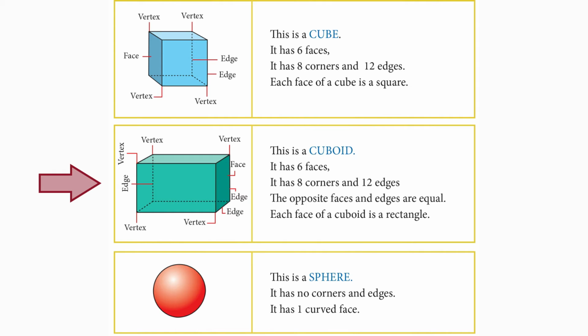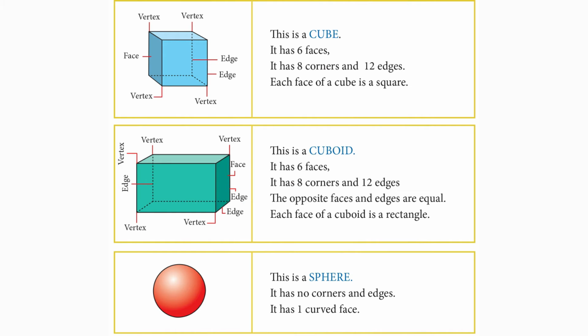Just like in the cube, the cuboid also has 8 vertices and 12 edges. Now, the opposite faces and the edges are equal. Did you hear that somewhere else? Yes, in 2D shapes, in rectangles, we heard the opposite sides are equal. But in a square, we learnt all 4 sides are equal. Each face of a cuboid is a rectangle.